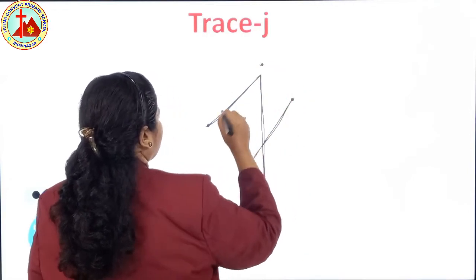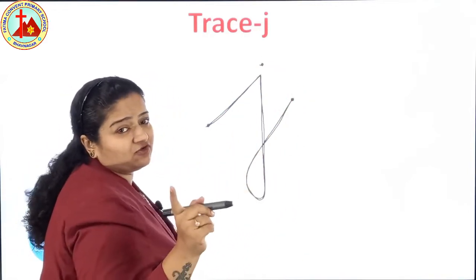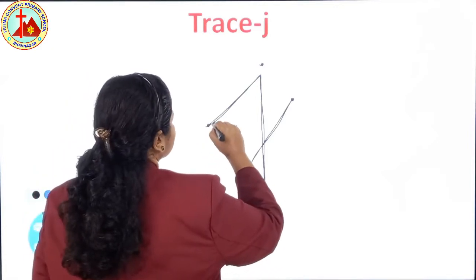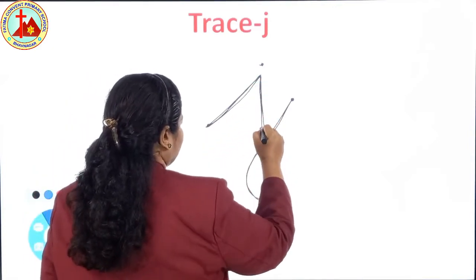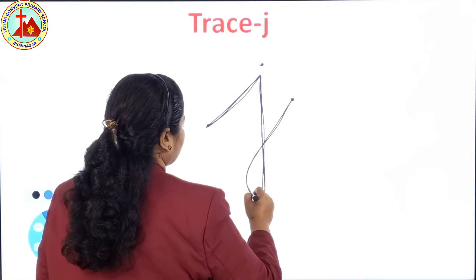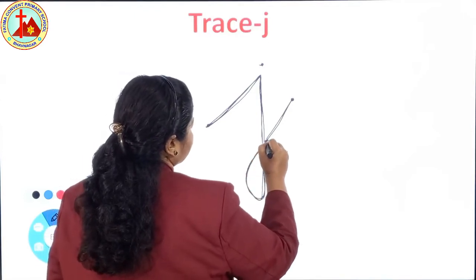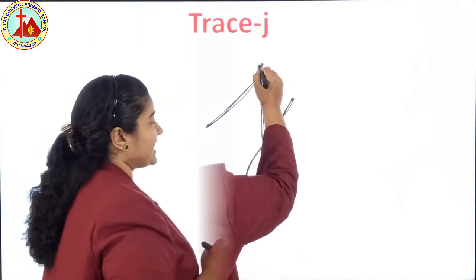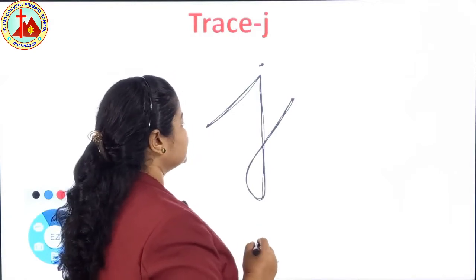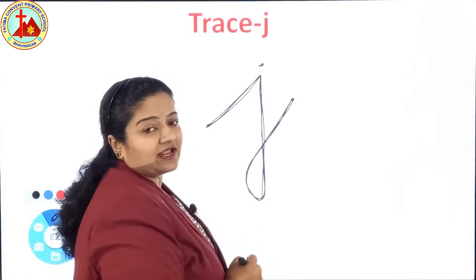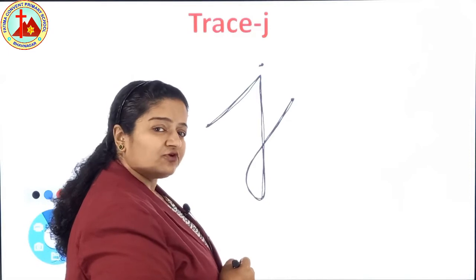This is J. Say and write, children, then you will learn very fast. Slanting line, standing line, come down, take a small loop and out. You have to put dot. This is cursive J. Now you will write in a 4-line book.